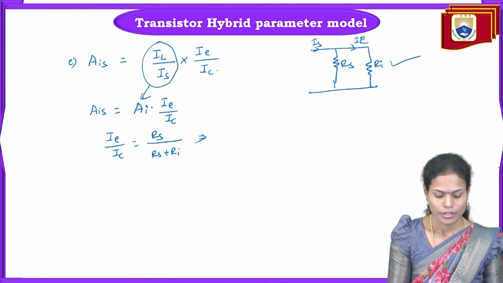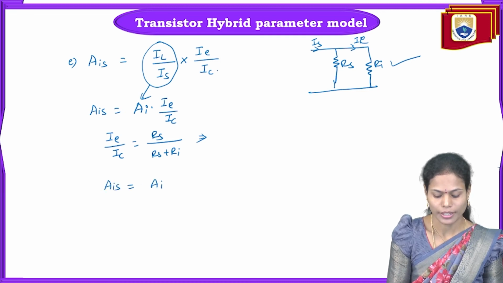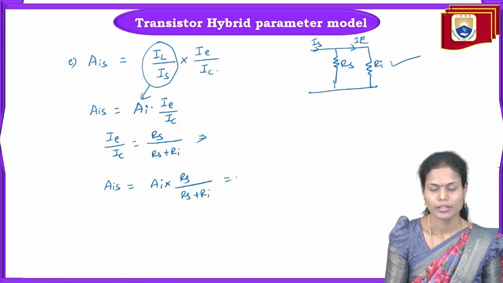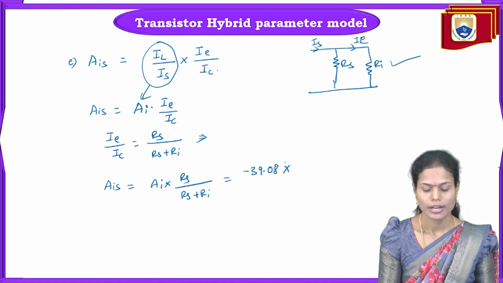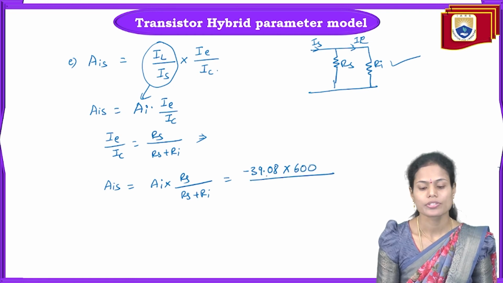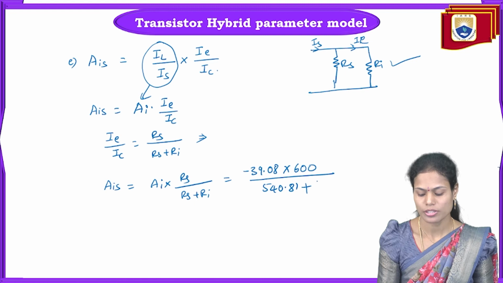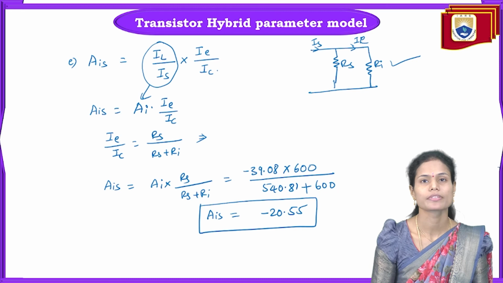So here, the overall current gain Ais is equal to Ai into Rs by Rs plus Ri. The current gain value here is minus 39.08, and the source resistance value given is 600 ohms, and the input resistance we have calculated is 540.81, and again source resistance is 600. So after simplification we will get minus 20.5. So this is the current gain with source resistance taken into consideration.